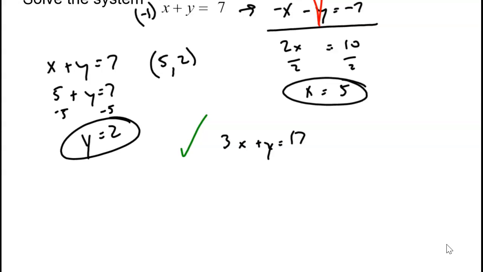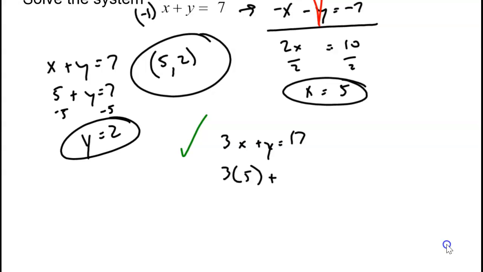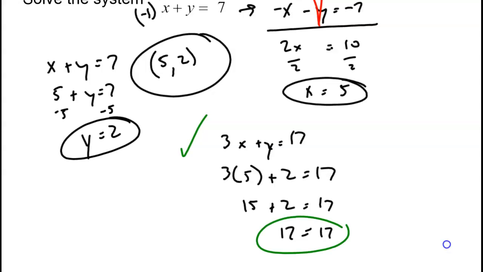Using 5, 2, which are the coordinates that we solved for, we'll go 3 times 5 plus y, which is 2, equals 17, and that's 15 plus 2 is 17. 17 equals 17, and that checks out.